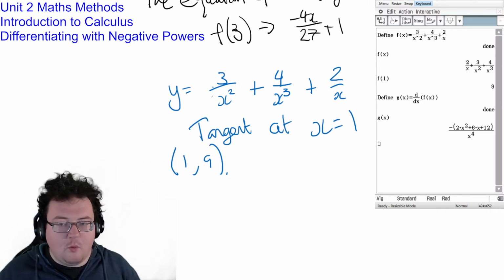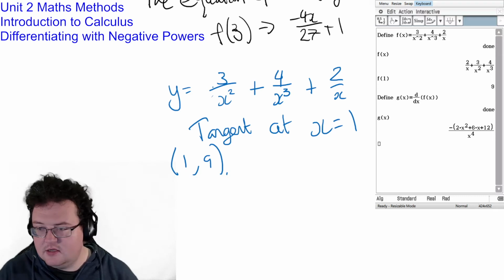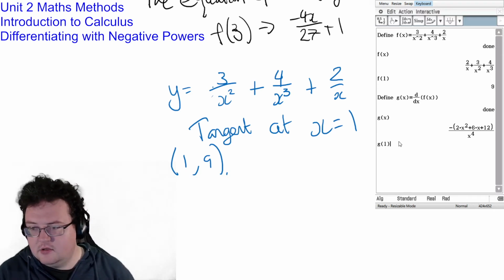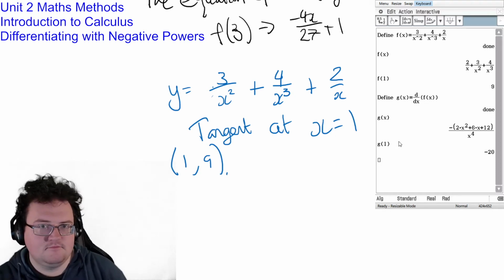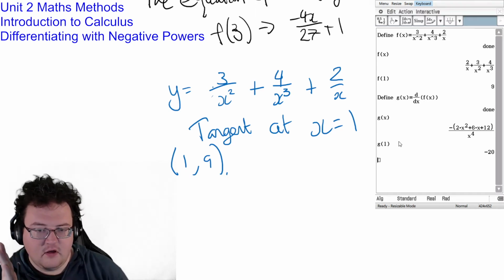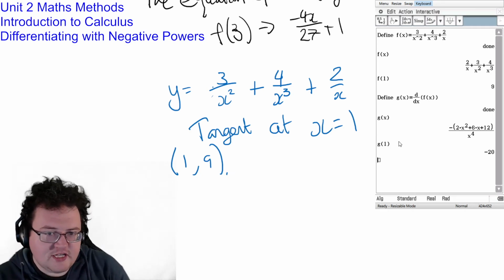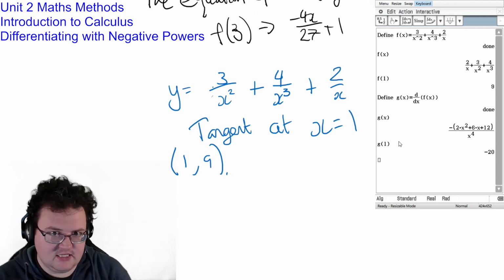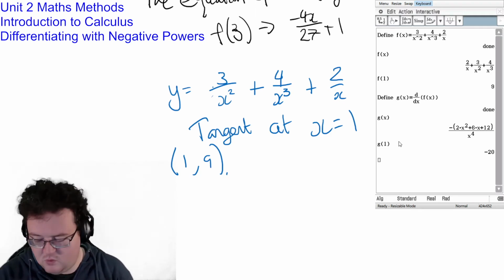Because at the end of the day, what we really want is g of 1. So what I now have is the coordinates at x equals 1, and I now have the gradient at the point x equals 1.